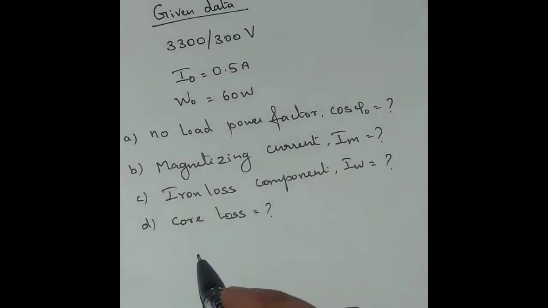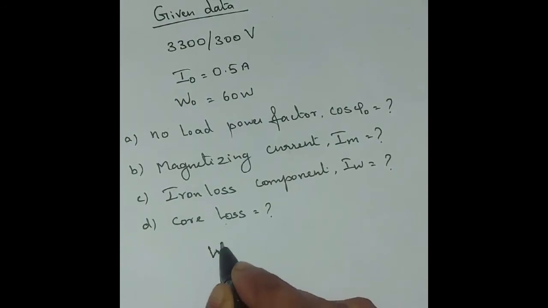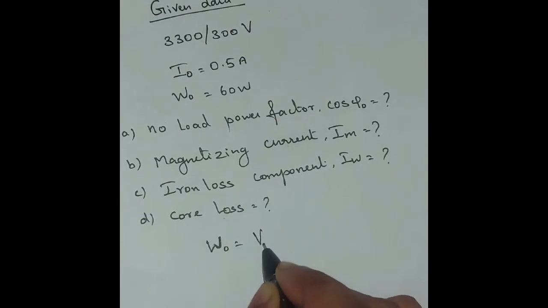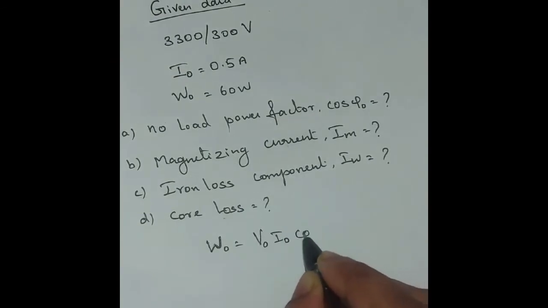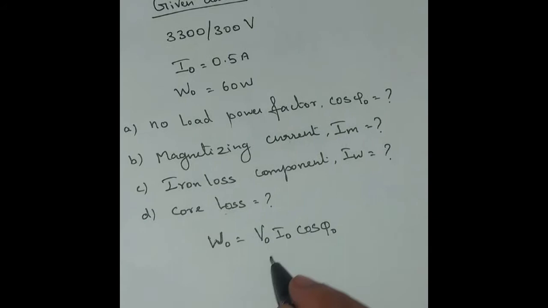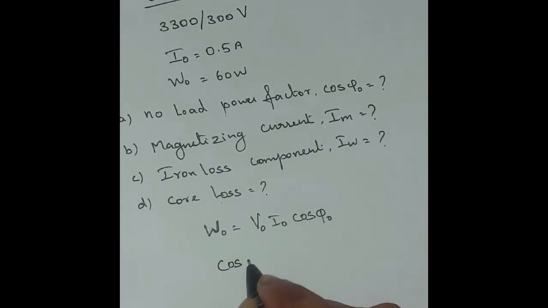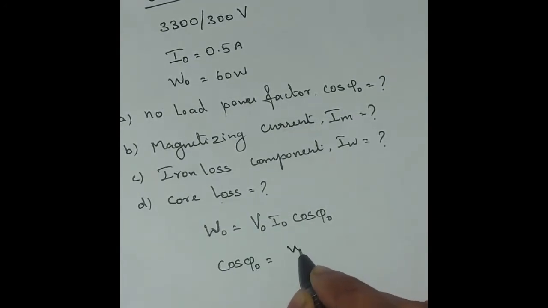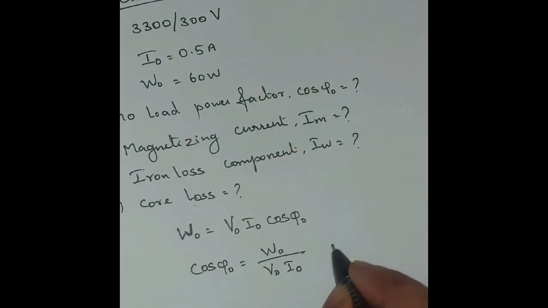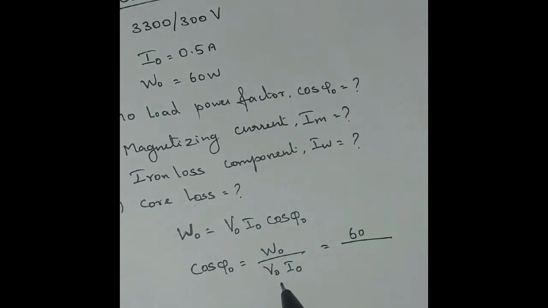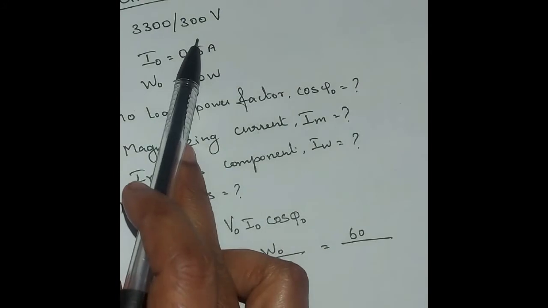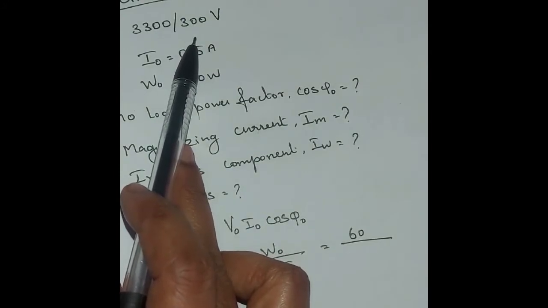First, we know the power factor. To find out the power factor, we know the power formula. W naught is equal to V naught I naught cos phi naught. From this formula, we can find out cos phi naught, which is the no load power factor. Cos phi naught is equal to W naught divided by V naught I naught. We know W naught value as 60, divided by V naught, which we should take as 300 volt because the open circuit test is conducted on the LV winding, the low voltage winding.